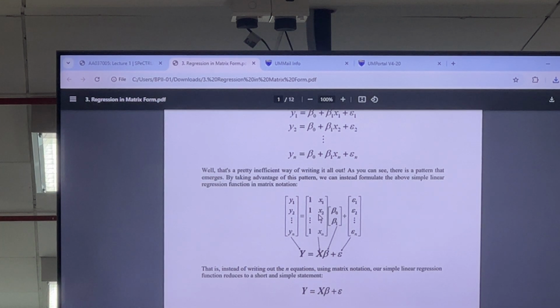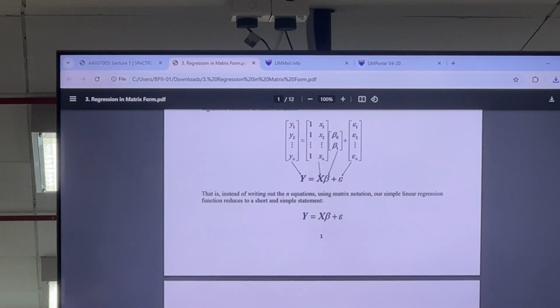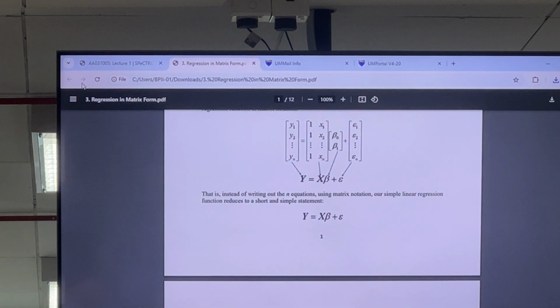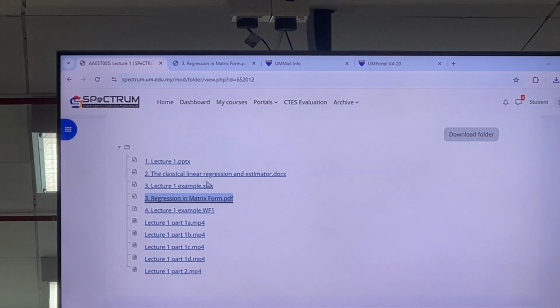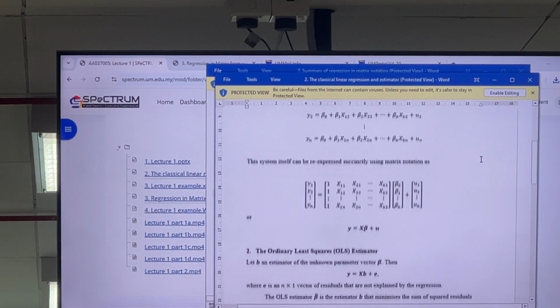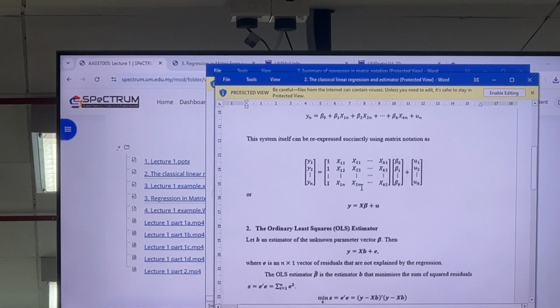Your X matrix, remember this one? We can express our variables in matrix form, so we have the X matrix.